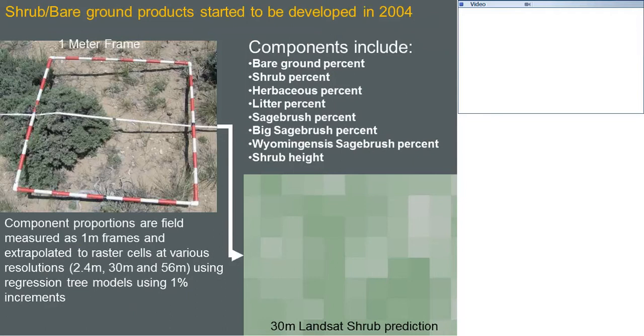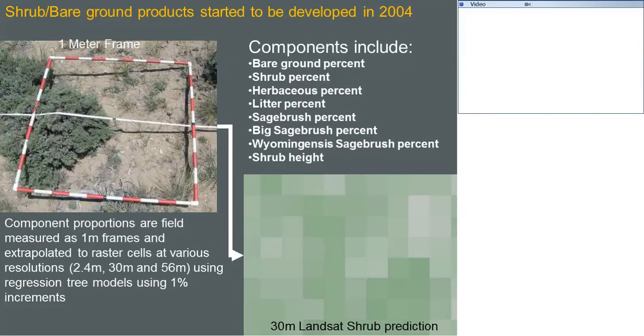We send crews out and get thousands of these 1 meter frames that eventually get walked up to a satellite prediction. Just like there's, let's say, 25% shrub in this 1 meter frame, in this Landsat, the 30 meter cells, 30 by 30 meters, think of them as a frame, and we're making the same proportional estimate of shrub or sagebrush in these pixels.